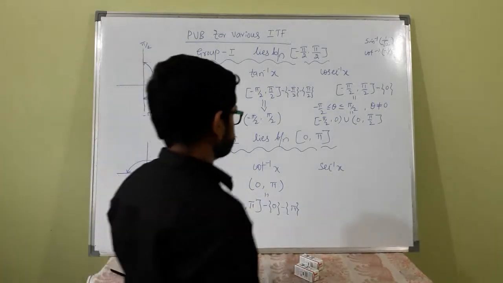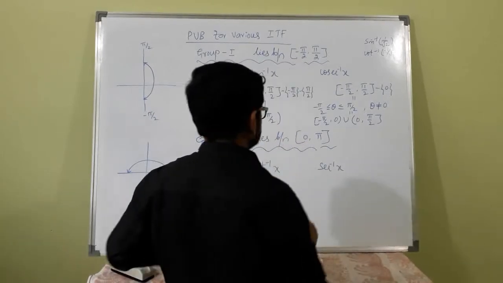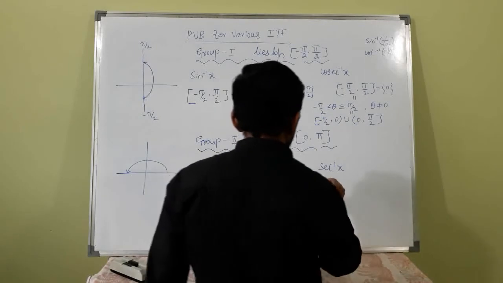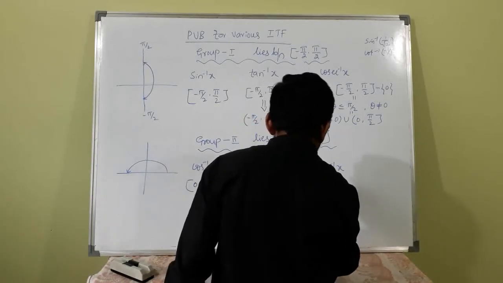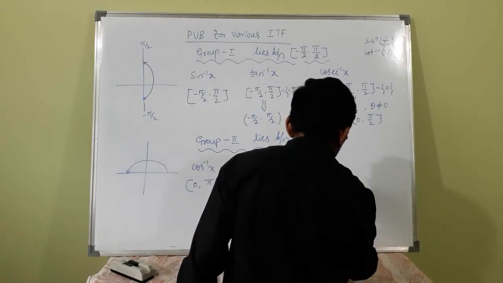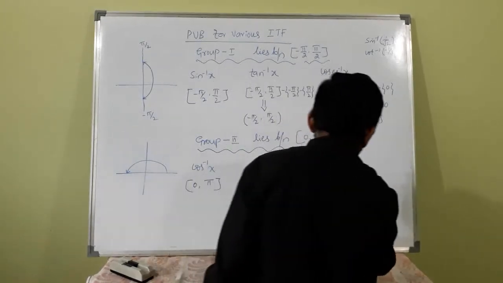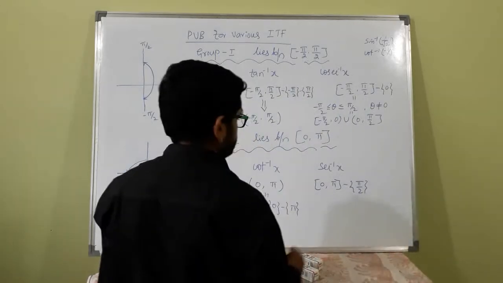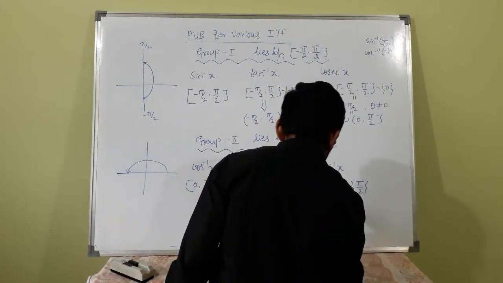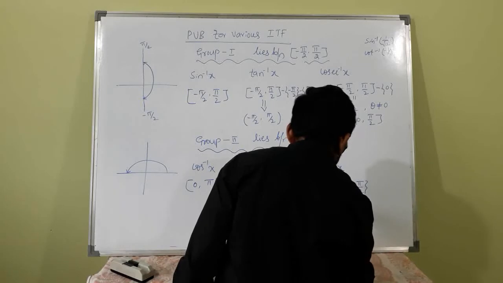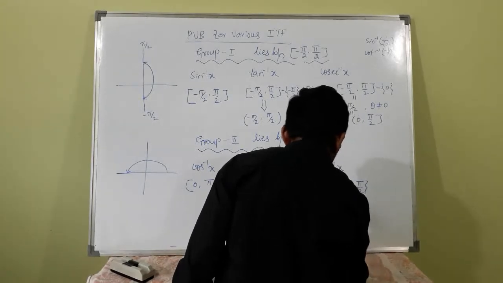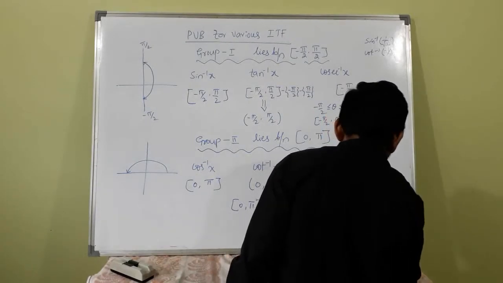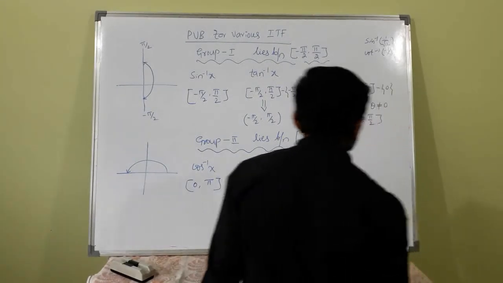For secant inverse x, except π/2. That means 0 to π, all values except π/2. Or this is the same as theta lies between 0 and π, theta not equal to π/2.